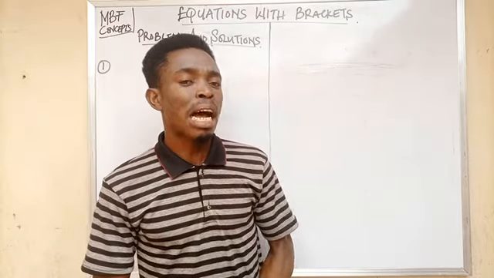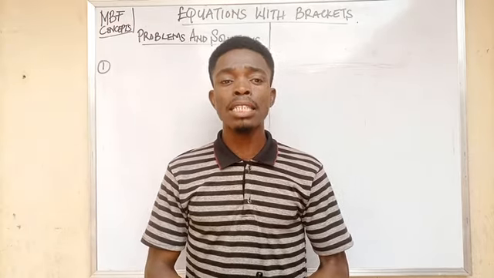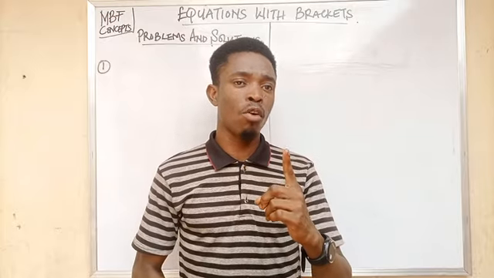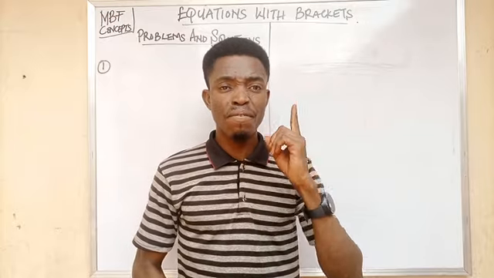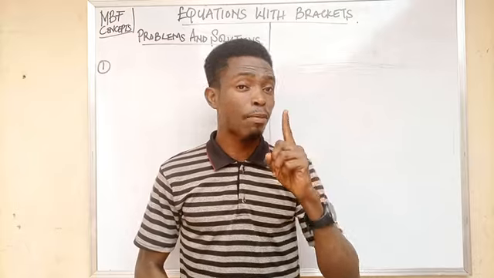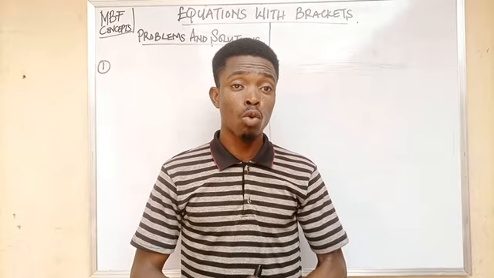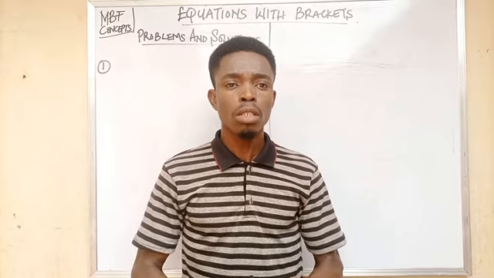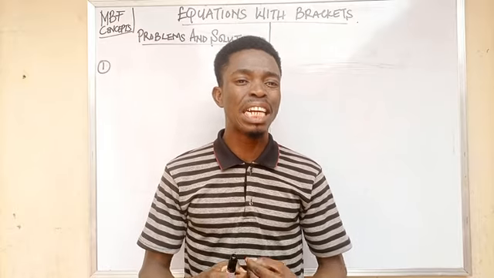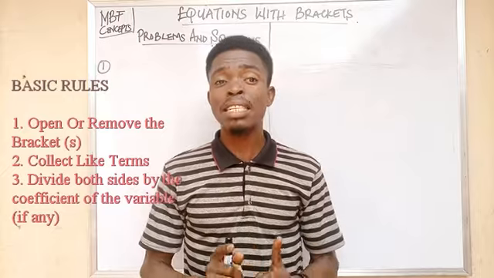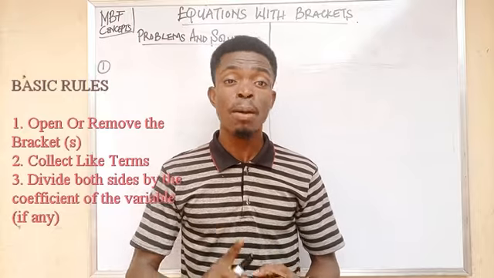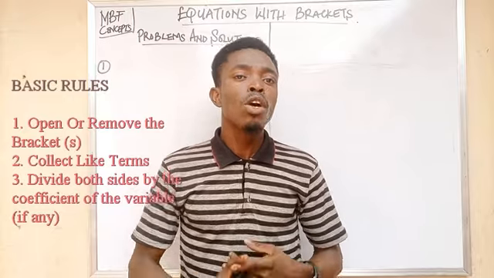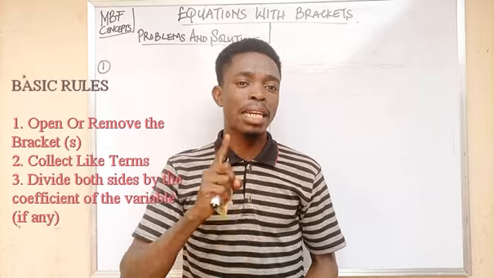All right. Now, the first operation that you will perform anytime you are dealing with linear equation with brackets is that you must open the bracket, or in other words, you will remove the bracket. And understand that in mathematics, brackets mean multiplication, right? Yes. Next is to collect like terms.